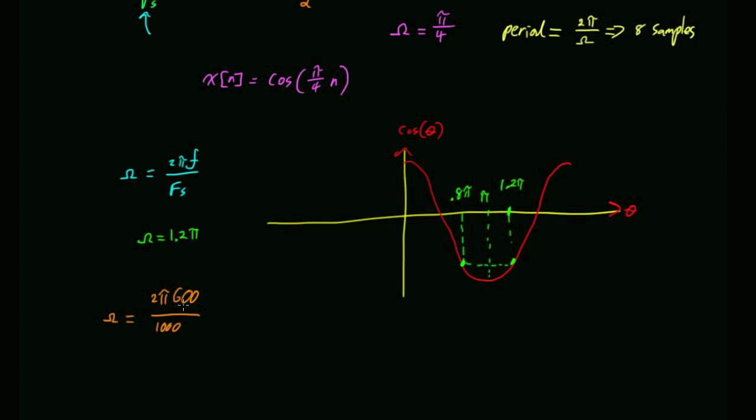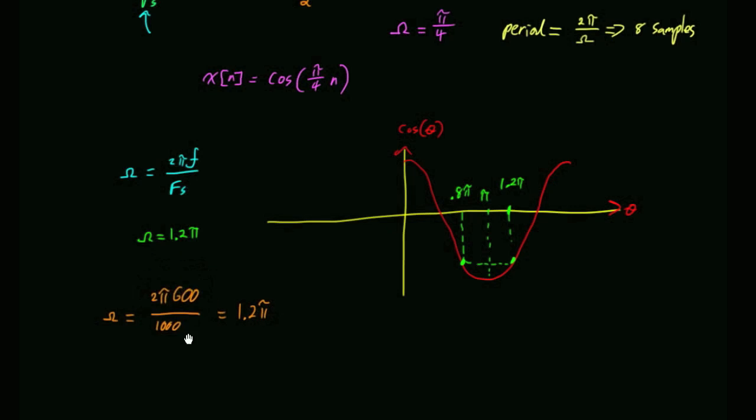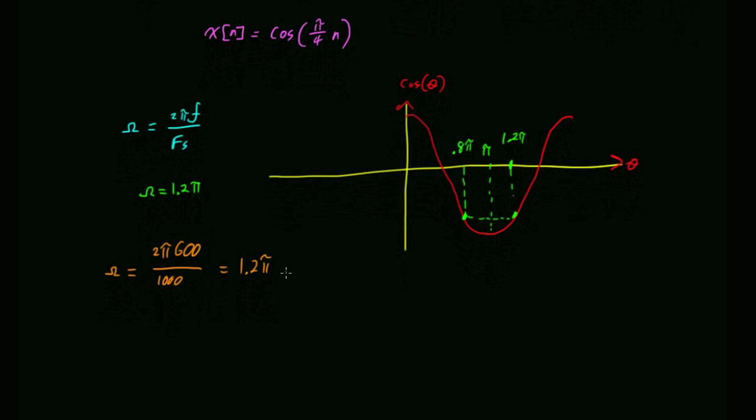So a 600 hertz signal sampled at 1,000 hertz. I run the numbers and I get omega is 1.2 pi. Uh-oh. You find out that 1.2 pi is indistinguishable from a frequency of 0.8 pi.